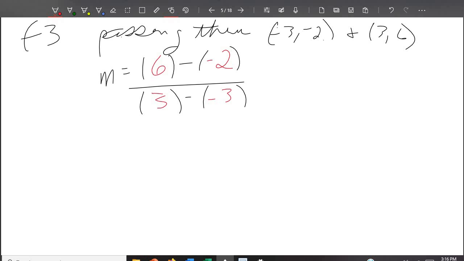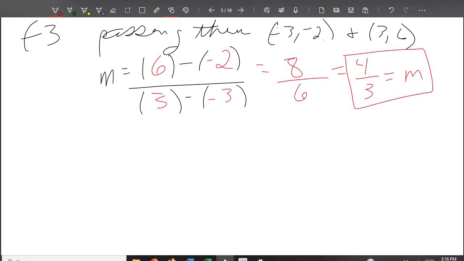Now, let's go simplify this. In the top, we're going to get positive 8. In the bottom, we're going to get positive 6. Simplify the slope as far as you can go. 4/3. This is the number we're going to use in the formula.